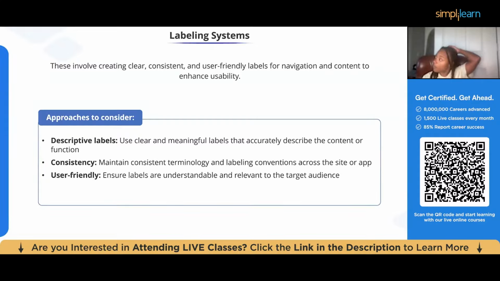For example, say you have things grouped under blue, red, and green, and everything grouped under blue starts with a B, everything grouped under red starts with an R, everything grouped under green starts with a G. It's applying that same rhyme and reason, making sure you're using the same naming systems from page to page throughout your content on specific platforms, just so your user is able to follow.